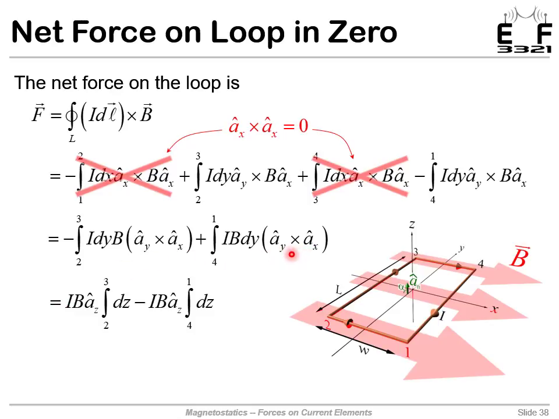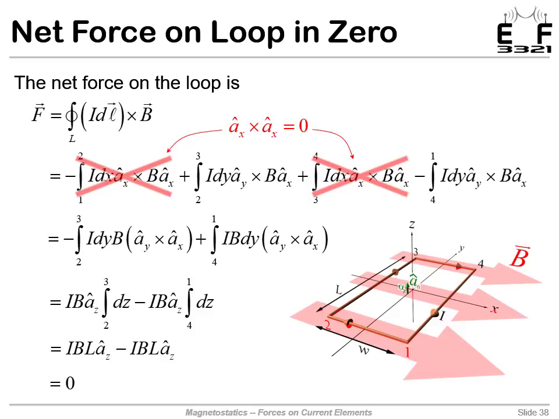Likewise, the negative associated with the az comes out, and we have a negative. And we can bring the az unit vector to the outside of the integral, so we're just left with I B az times one integral minus I B az times the other integral. And that's easy to evaluate. These are both length L. So same term being subtracted, we get 0. So this is really telling us a bit more rigorously that there is 0 net force on this loop.